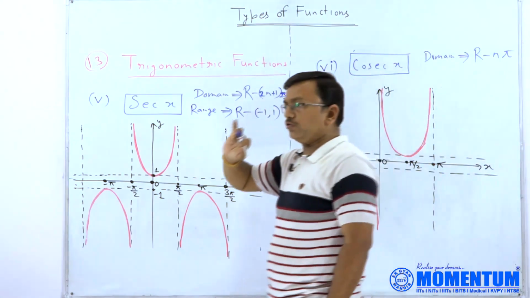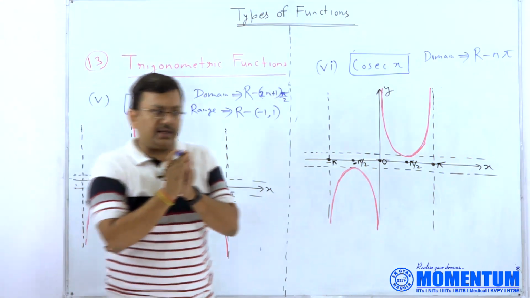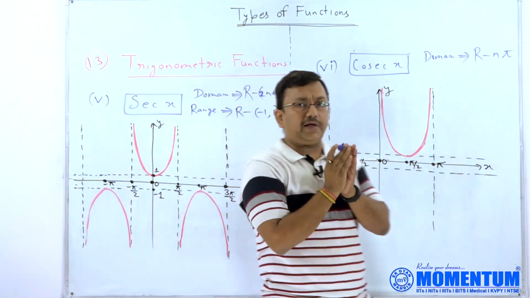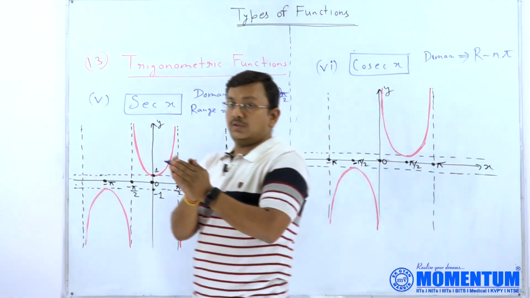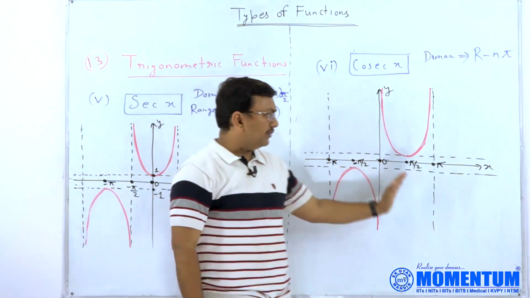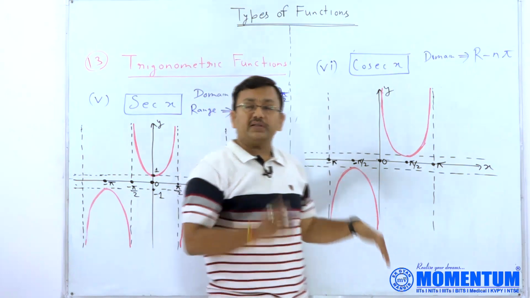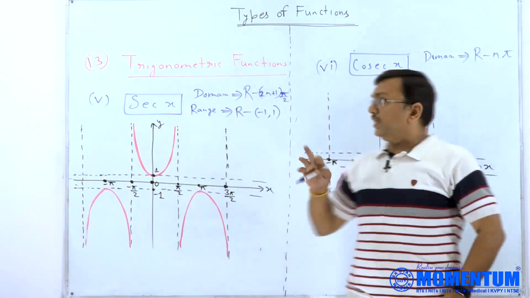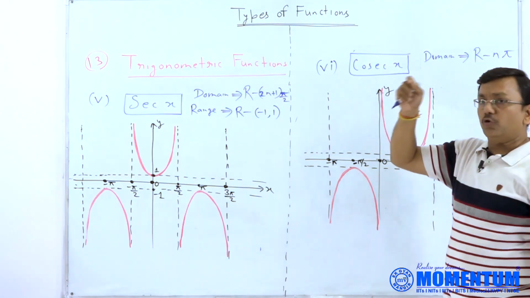Domain means those values of x for which the graph is defined. Whenever the graph is going towards infinity, we exclude all those values of x. For example, here the graph is becoming infinity at pi, 0, minus pi, which are multiples of pi. So after excluding n pi from the real numbers, we will get the domain.